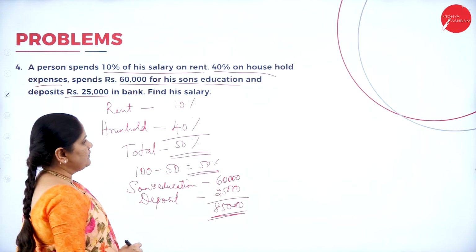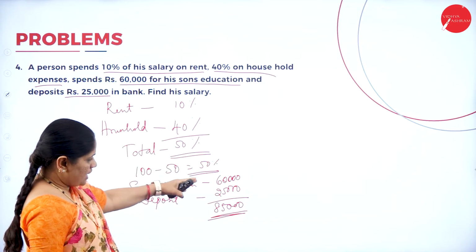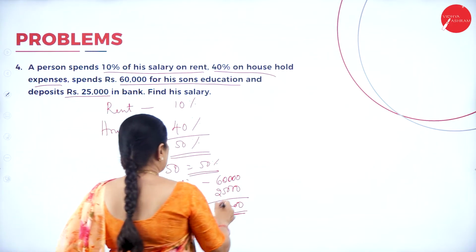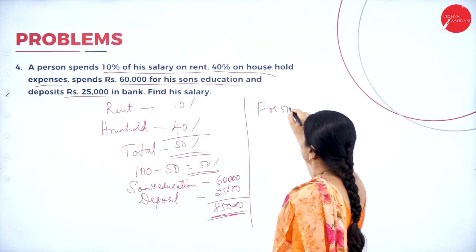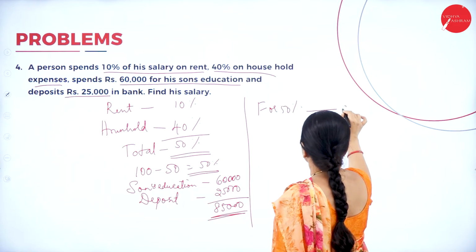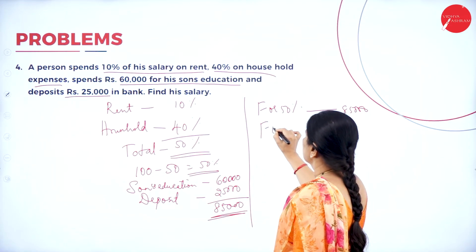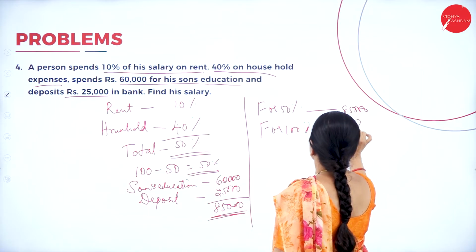So they have given 50% of the expenditure in terms of percentage and 50% in terms of rupees. So I write, for 50% of salary, it comes up to 85,000.